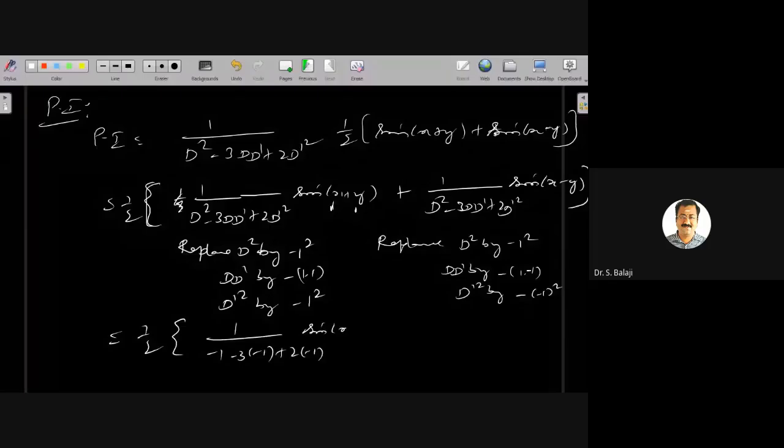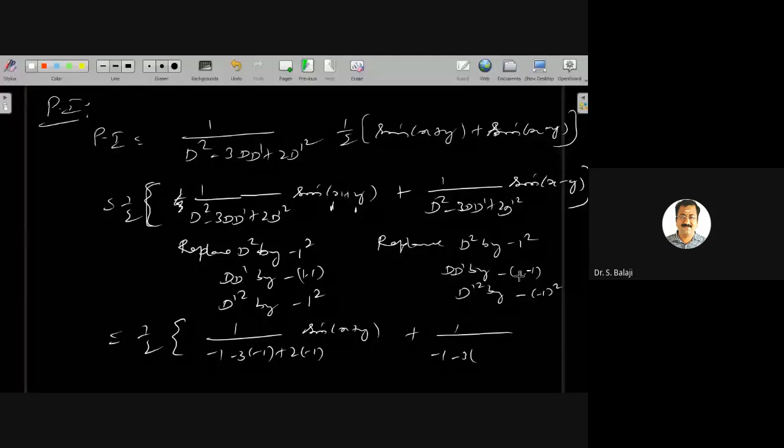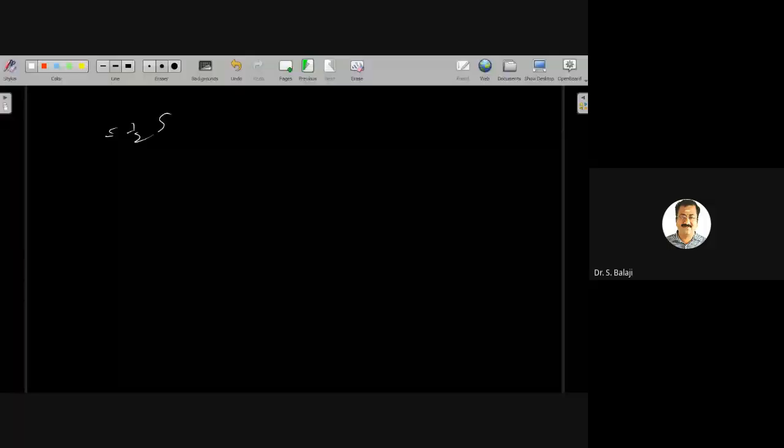Therefore, what can we get here? 1 by 2 of [1 by (minus 1 minus 3 into minus 1 plus 2 into minus 1)] sin(x plus y), and [1 by (minus 1 minus 3 into 1 plus 2 into minus 1)] sin(x minus y). In the first term we get minus 1 plus 3 minus 2, which becomes 0, so the denominator becomes 0.